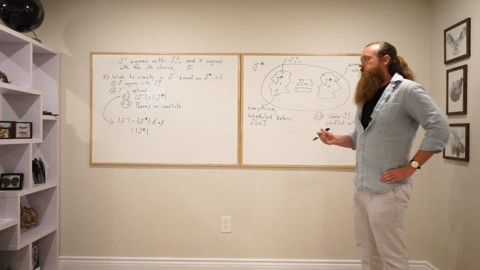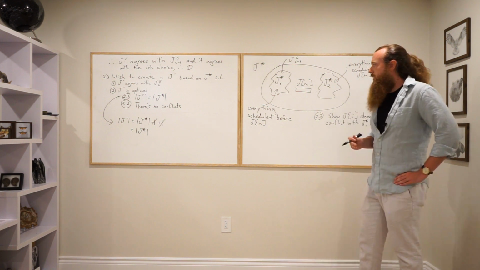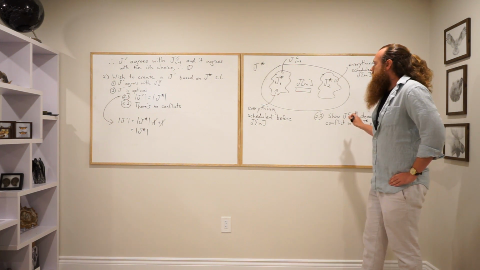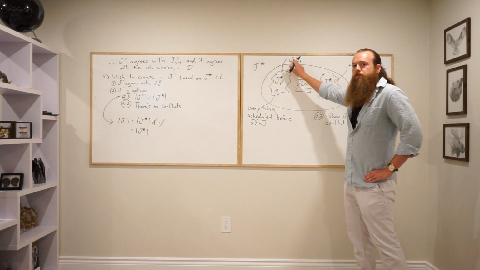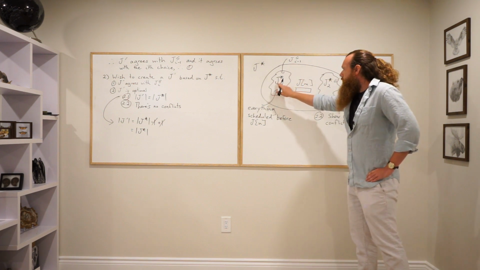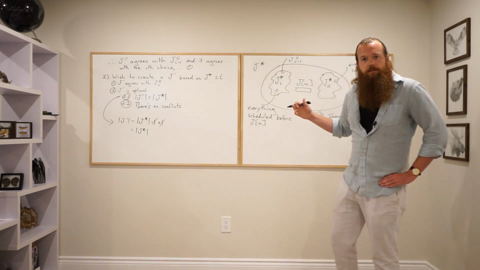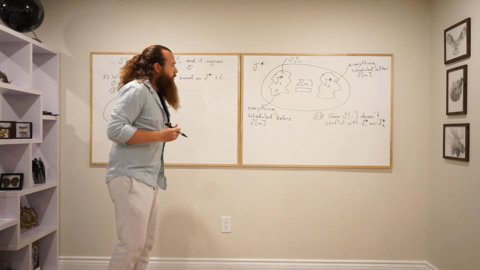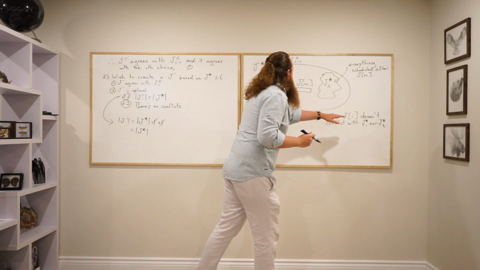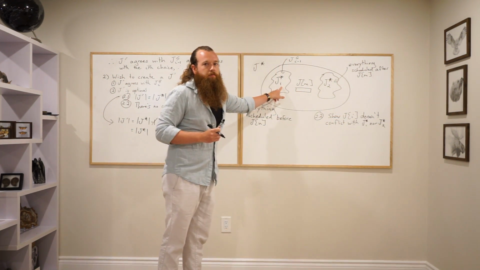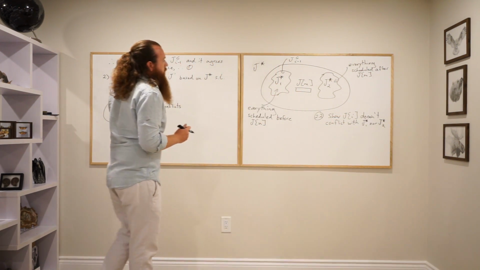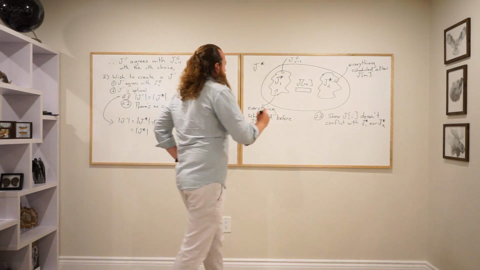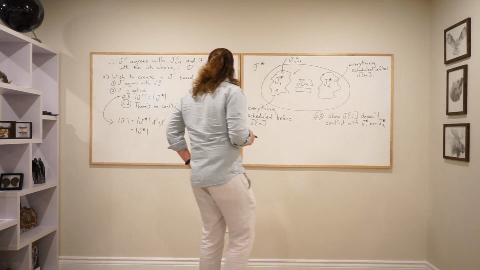So because the greedy algorithm includes job Ji, we know it doesn't conflict with any of its past choices. J star 1 is really just the set of the past choices of our greedy algorithm. Therefore, Ji doesn't conflict with J star 1. Okay, we've taken care of that one.